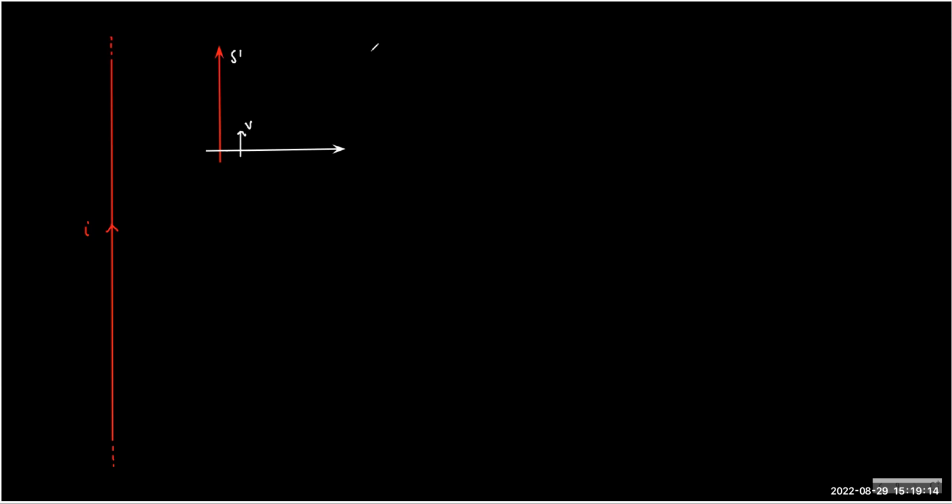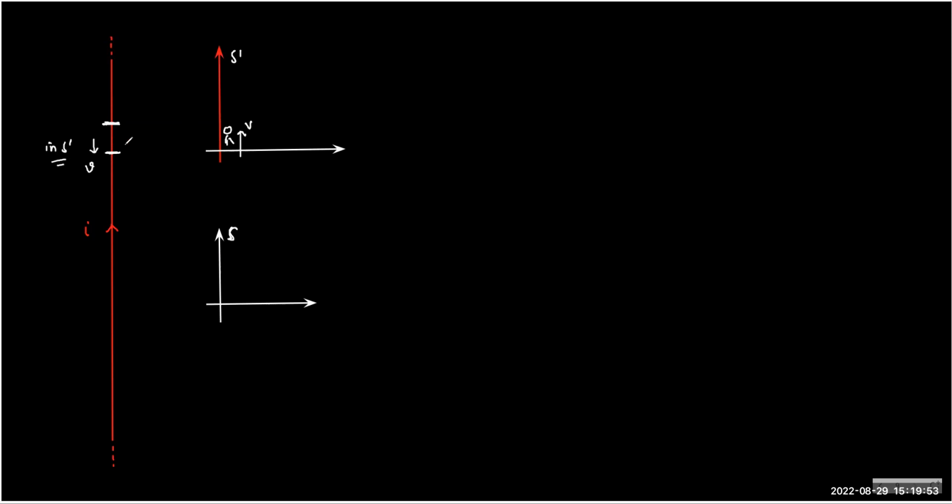Okay. And there is another frame S, as we discussed earlier. Now for S dash, for this observer, if I just take any small piece of wire, now this piece of wire is at rest in which frame? Now this piece of wire is at rest in S frame, but in the S dash frame, the piece of wire will move backward, downward, right? So in S dash, this looks like it's going downward because the segment is moving.